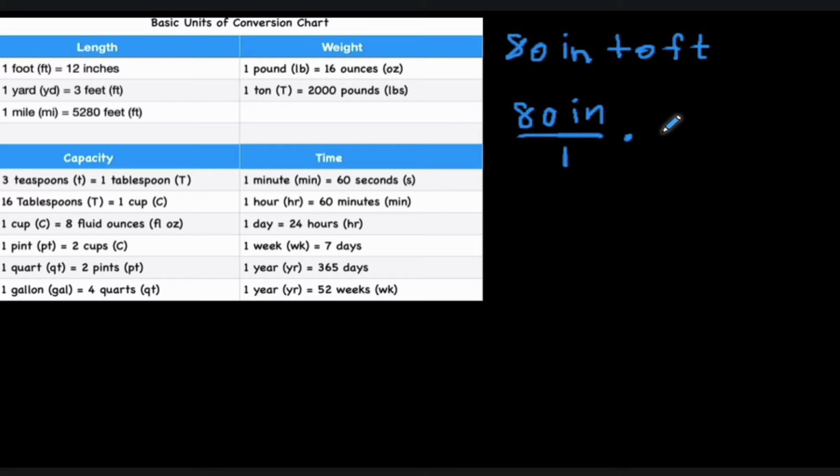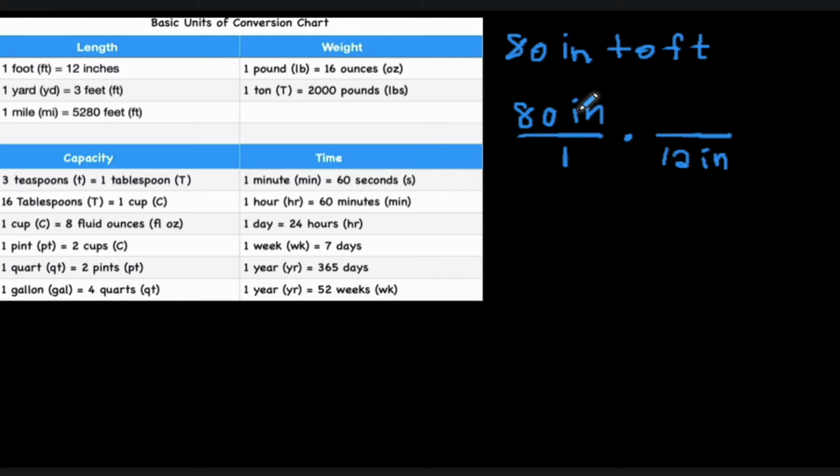We know that there's 12 inches in 1 foot. Now this is where I want you to pay close attention. So now the denominator should contain the unit that needs to be canceled out with the same unit contained in the numerator. So that means we have to have 12 inches in the denominator, right?